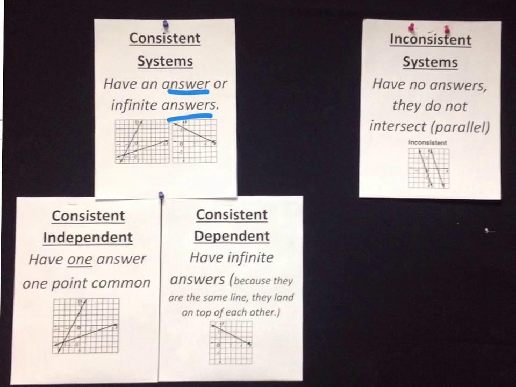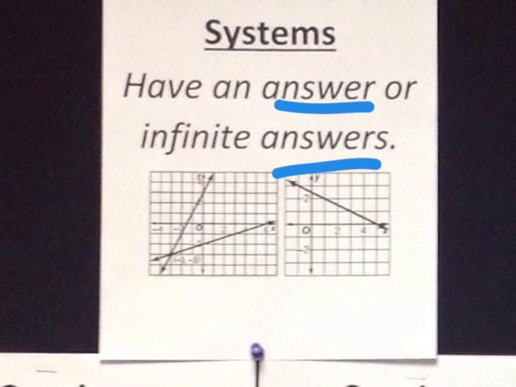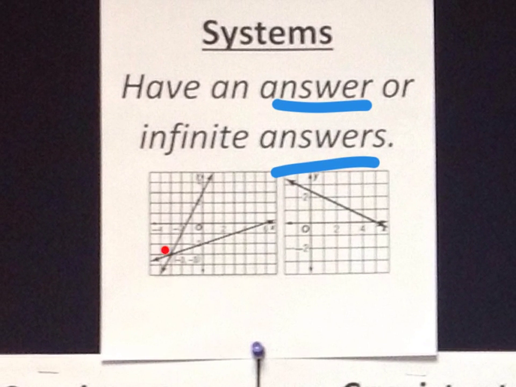So there is no solution to an inconsistent system. Now, if it's consistent, you might have one single answer, because remember, the line represents all of your solutions. The other line represents all your other solutions. So that single point of intersection is the only point in common, and that would be the solution to your system.